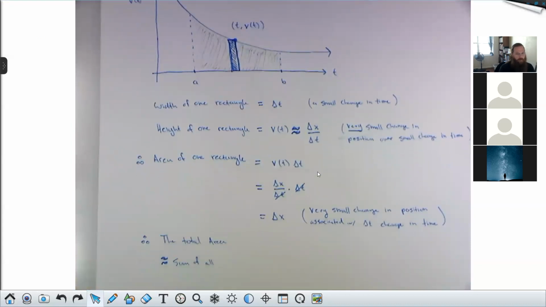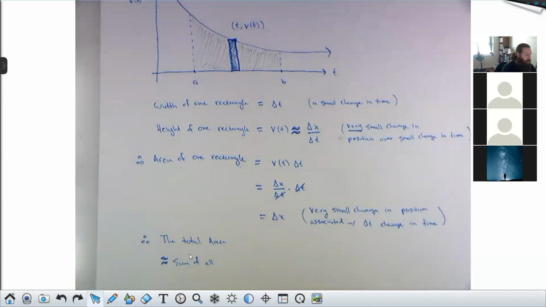Similarly down here, the total area is not exactly the sum of the areas of the rectangles, it's an approximation. But as I use more and more rectangles, two things happen. This becomes exact because delta t goes to 0, and this becomes exact because n goes to infinity. But for the purposes of understanding intuitively what's going on here, each little rectangle represents a very small change in position.